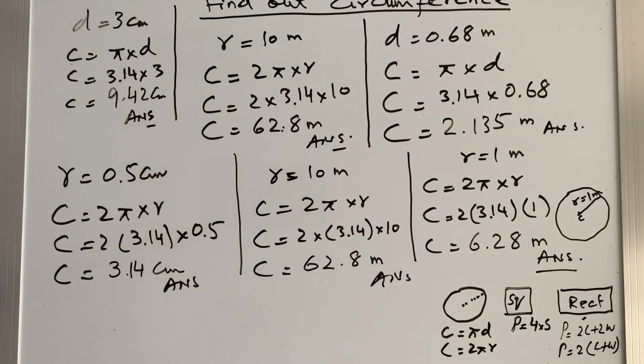So remember these two formulas. These are the same formulas. The circumference or perimeter of the circle is equal to pi times d or 2 pi r, right? And you have the definition of what the circle is and what the circumference is.